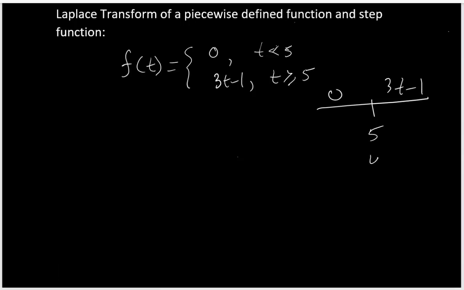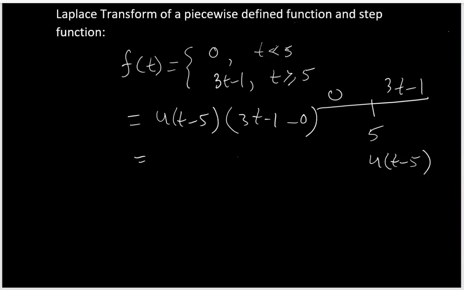So this can be written as u(t minus 5) as a step function: u(t minus 5), and then the right side value is 3t minus 1, and the left side is 0. So you have your piecewise defined function written as u(t minus 5) times (3t minus 1). Now we'll be taking the Laplace transform of this.